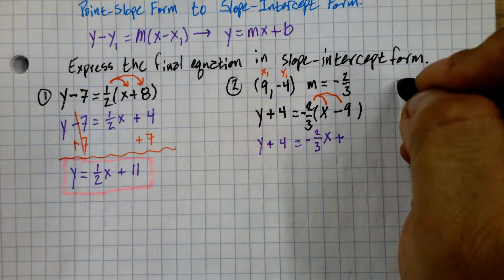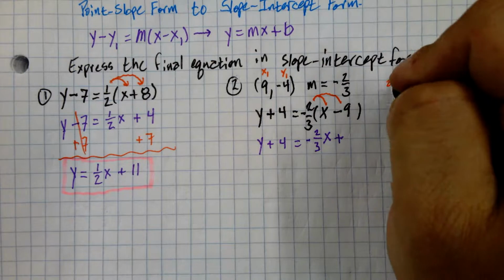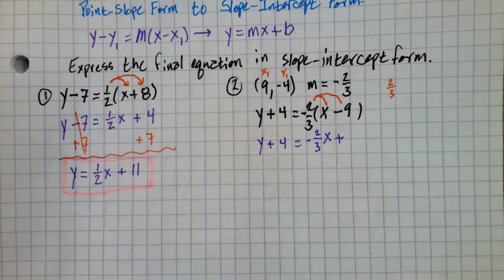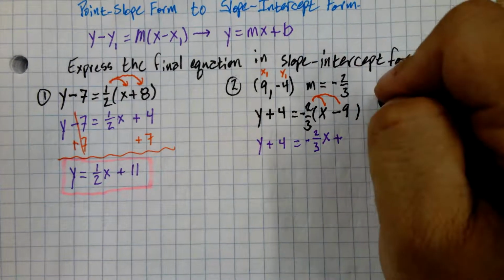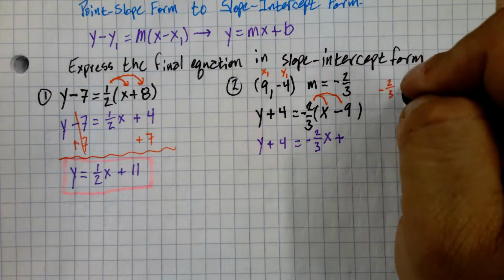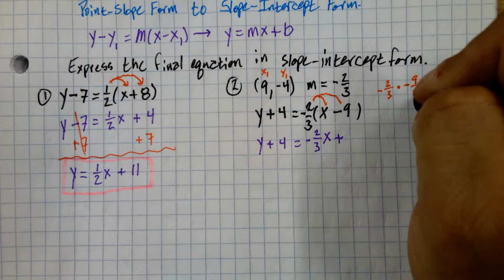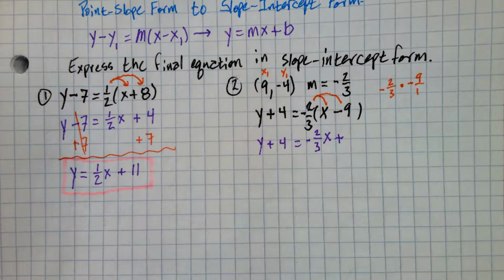2/3 of 9. Let me try a little bit of side work. 2/3, and well, I'll make it -2/3 because that's really what I have. And I'm going to multiply that times -9/1, if you want to think of it that way. Okay.